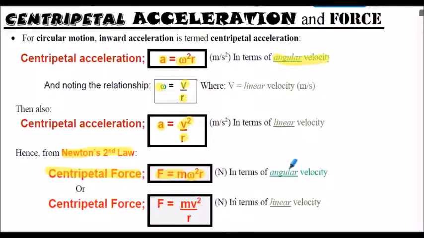That's written in terms of omega, so that's in terms of angular velocity, and you can, if you want to, write it in terms of linear velocity as F = mv²/r. It's the same force there, just written in terms of linear velocity. So that's the force that can be shown to be always pulling inwards when you're rotating anything in a circle, this F = mω²r formula.